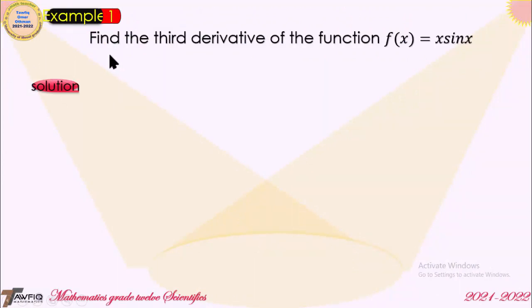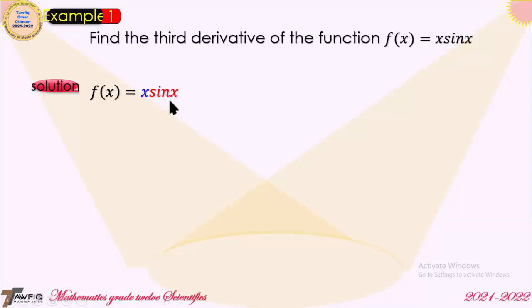Example number 1. Find the third derivative of the function f of x is equal to x sine x. As you can see, f of x is the product of two functions, x and sine x.